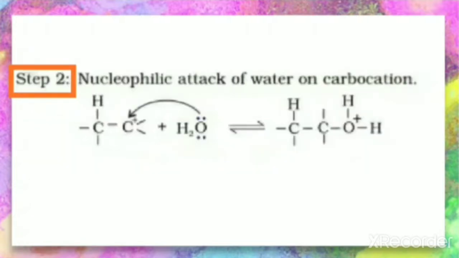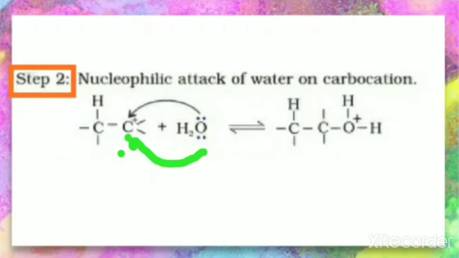In the second step, there is nucleophilic attack of water on the carbocation. Now this is the carbocation which is formed in the first step. Now there is a nucleophilic attack of water. This will attack this carbon atom because the lone pair present on oxygen is utilized for forming a bond with this carbon.